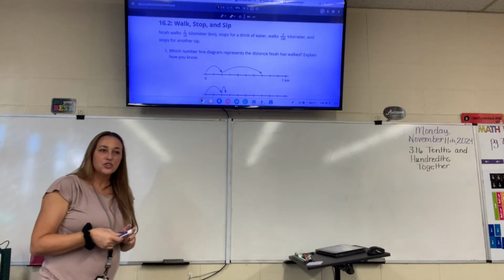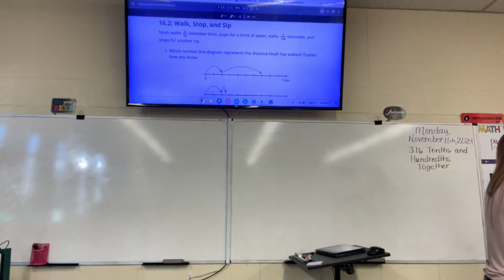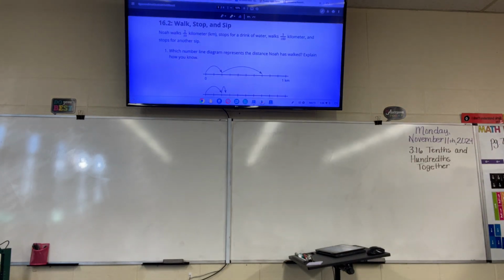Okay, look at those two number line diagrams. I'm going to have everybody raise their hand in a minute to tell me which one you choose. And I don't want you looking around to see who else is choosing what you choose. Okay?